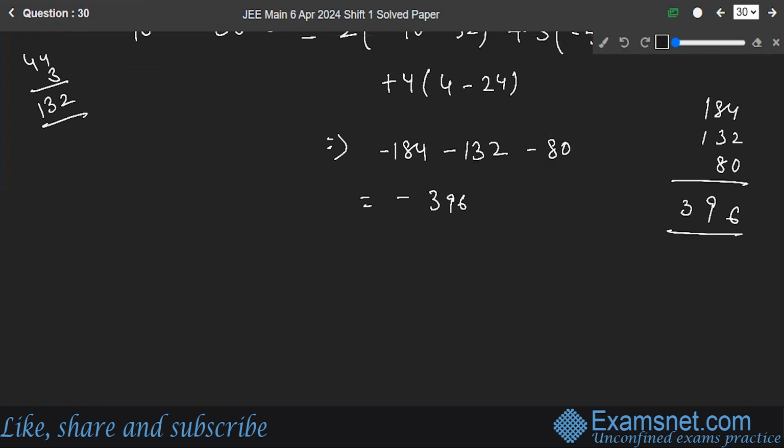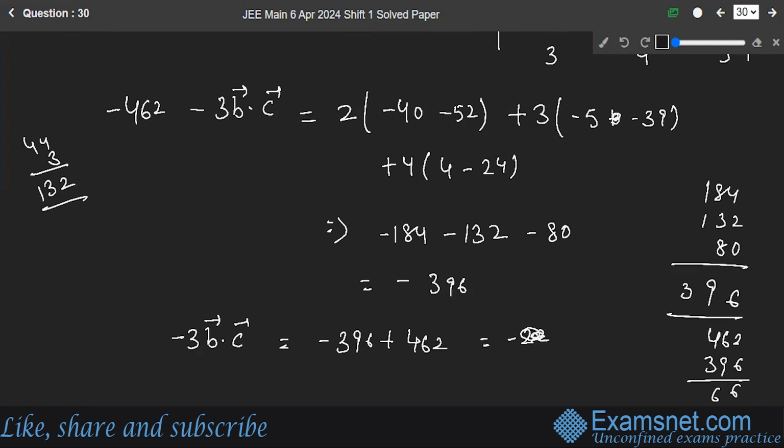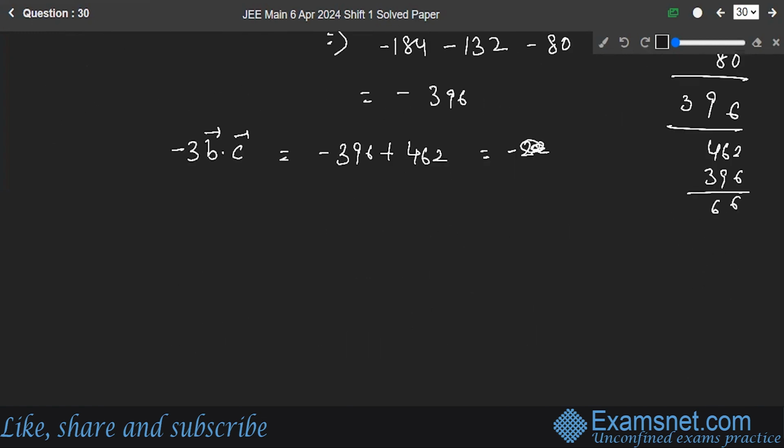So that means you have here minus 3 b dot c vector is equal to minus 396 plus 462, which gives you 66. Minus 3 b dot c is equal to 66.